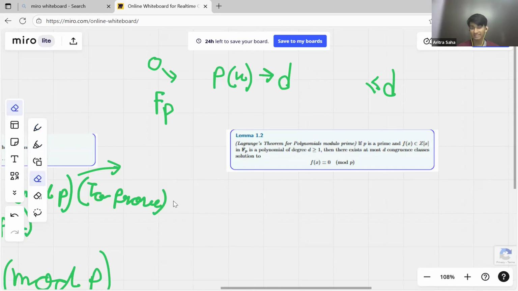Every coefficient a_i is less than p, not less than or equal to, because if it is p, you can make it 0. So you reduce the polynomial in Fp, and that also has at most d solutions in the congruence classes.